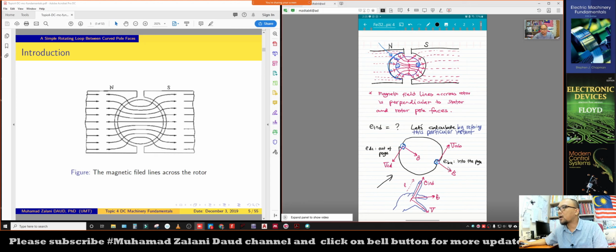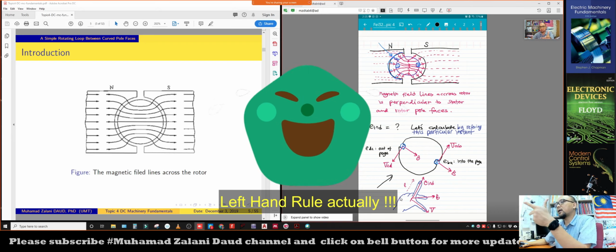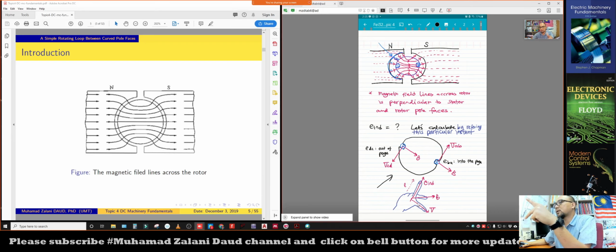So how do we know that this EBA is into the page? Because, as you can see, when we use the right hand rule, you can use your right hand now and try to check if it is correct that EBA is into the page.